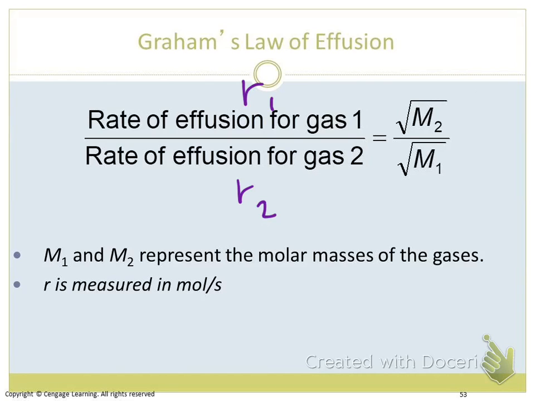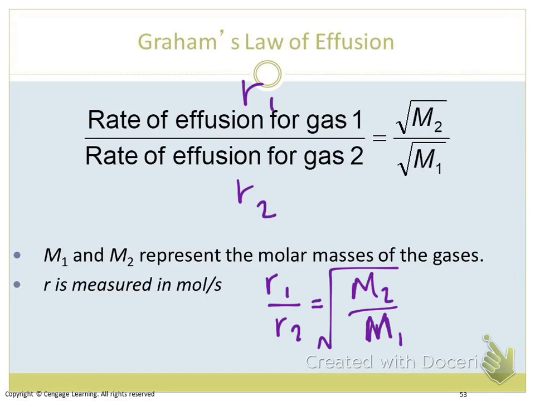On your equation sheet, you'll see that I have it written as R1 over R2 equals square root of M2 over M1. It means the same thing. This is something that's important here. The R value is measured in moles per second. So it's how many moles pass through that hole or pass into that vacuum per second. How many moles of that gas.